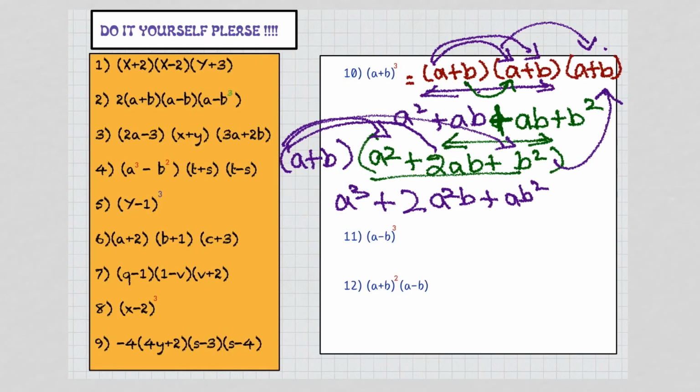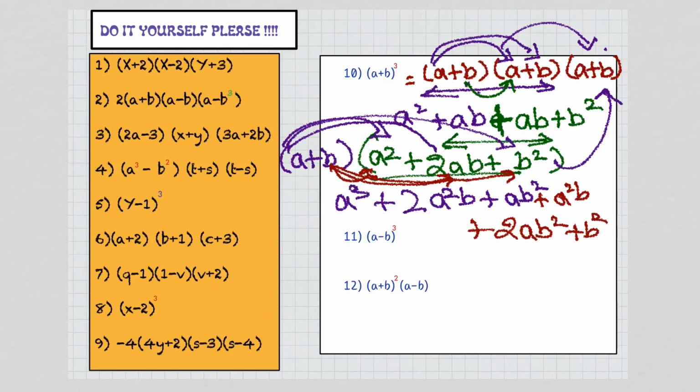Now I'm going to do the same with b: b times a square is a square b, plus b times 2ab is 2ab square, and then plus b times b square is plus b cube. So that's how you do it, and this one would be our answer. If there are any like terms, we can combine them, otherwise this one would be our answer.